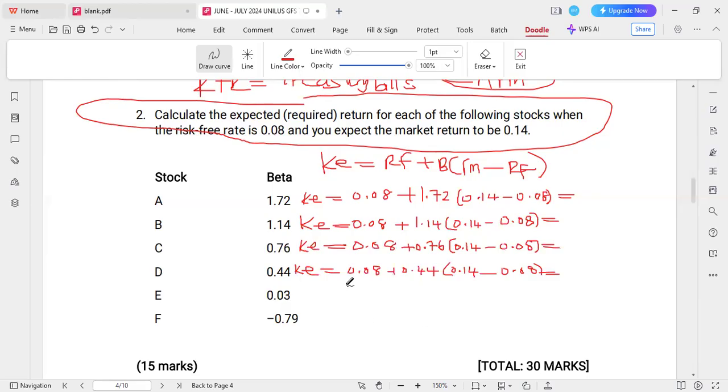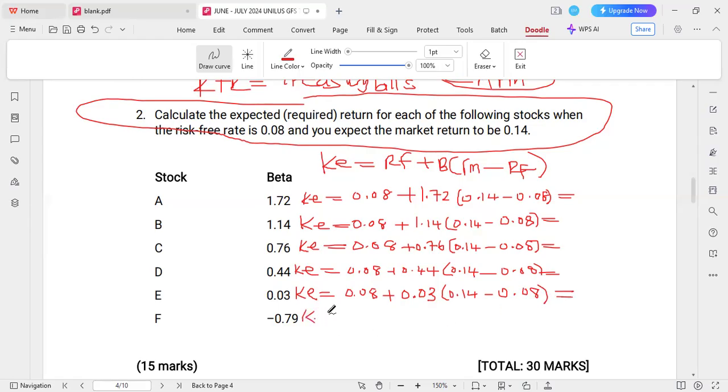Getting down to the other stock, our KE is equal to 0.08 plus 0.03 on 0.14 minus the 0.08.